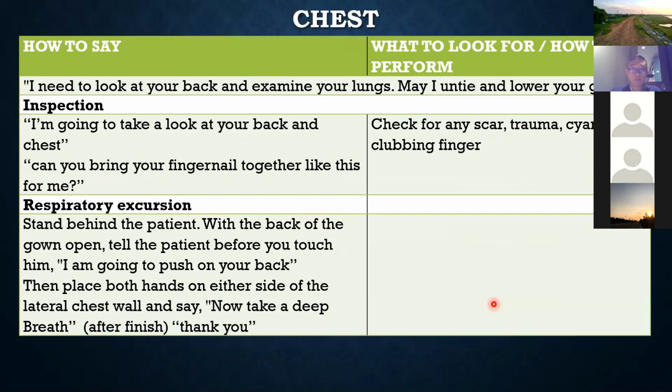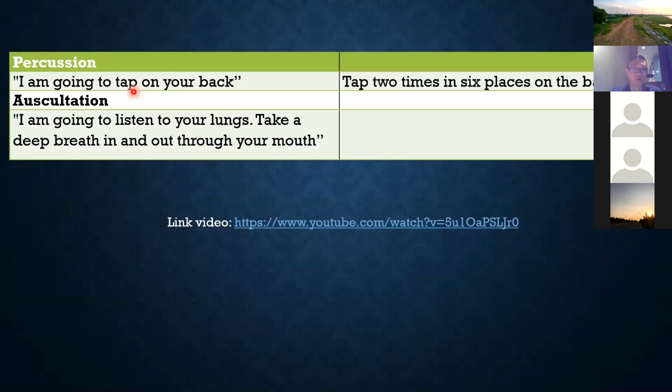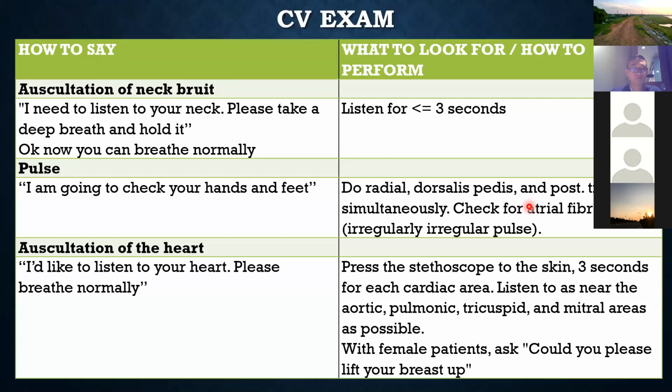Whenever I need to highlight some key point, I will stop and focus more, okay? Same thing with the chest. Here is the link of the video you can watch. The same thing with the CV exam.